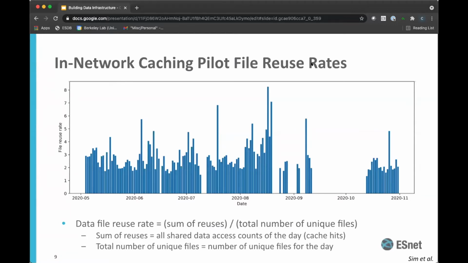And it becomes key to ESnet specifically because we do have transatlantic links, which are significantly more expensive than the links that we have on the continental US. And so reducing the bandwidth requirements on those links significantly changes our cost profile.